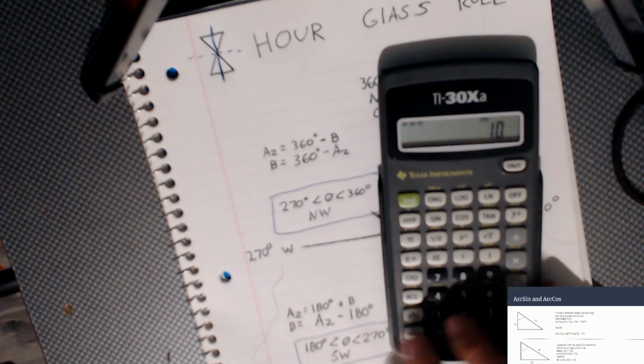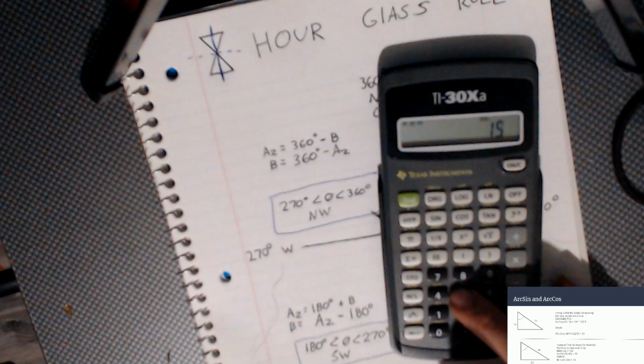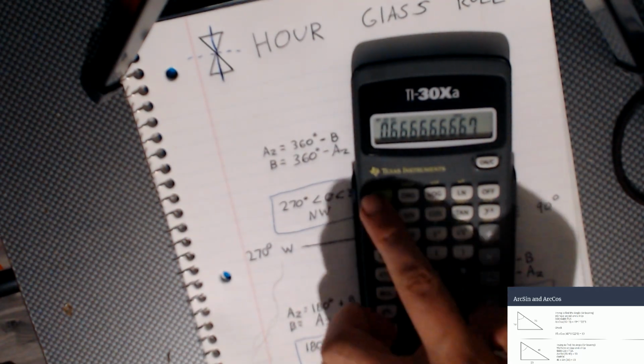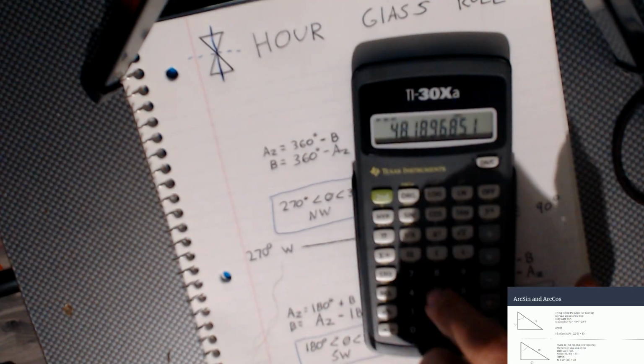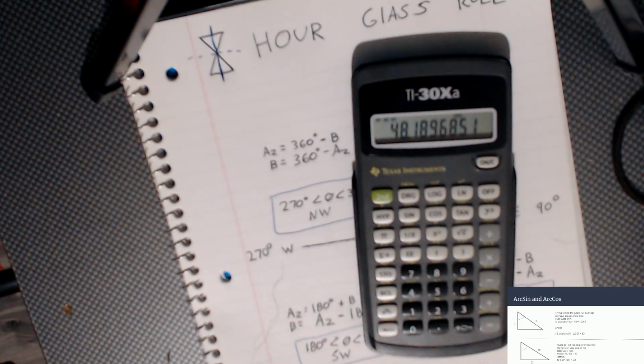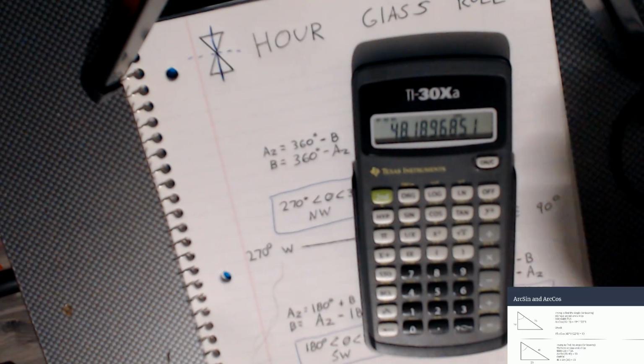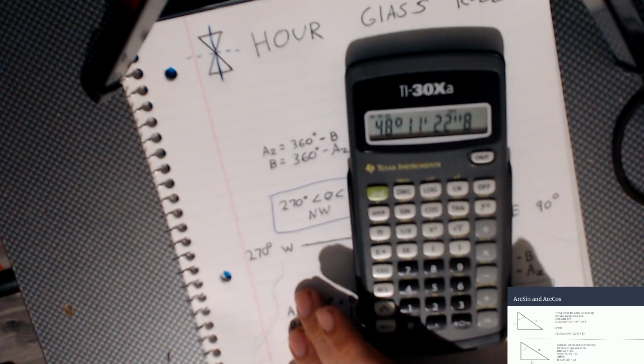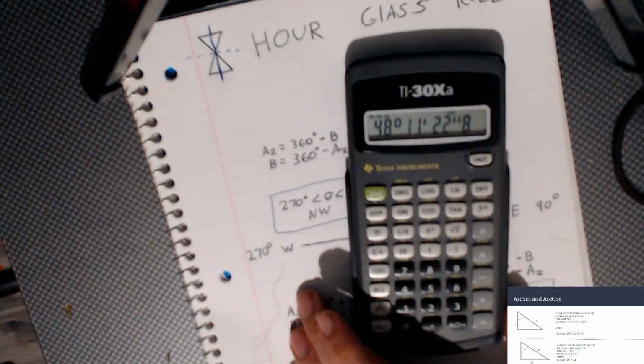So we can say 10 divided by 15, we get 0.666. Let's throw that into our arc cosine. We have 48.1896 and so on. This is a decimal degree. Everything is nicer in degrees, minutes, and seconds.